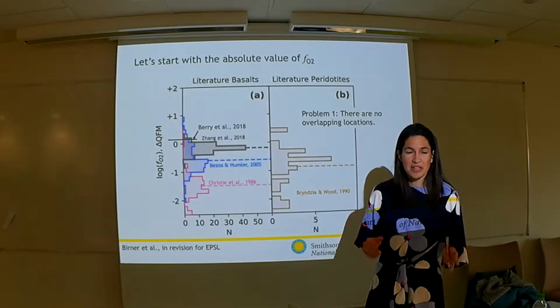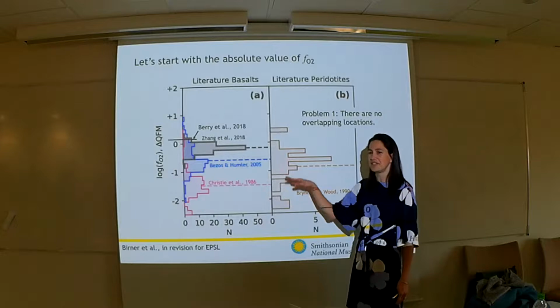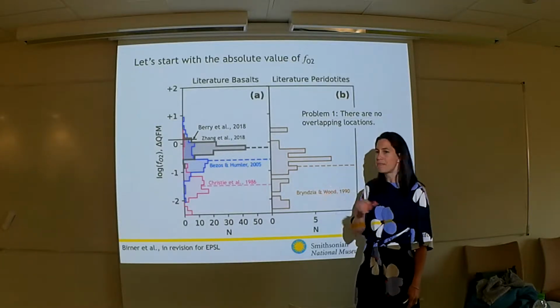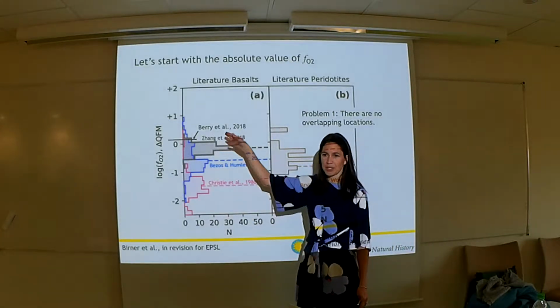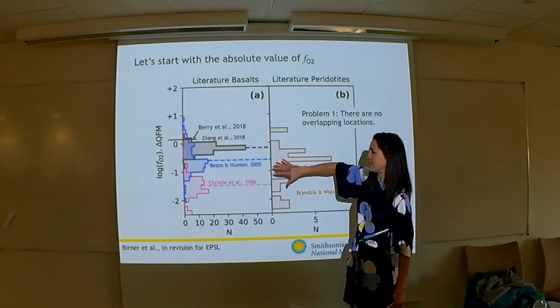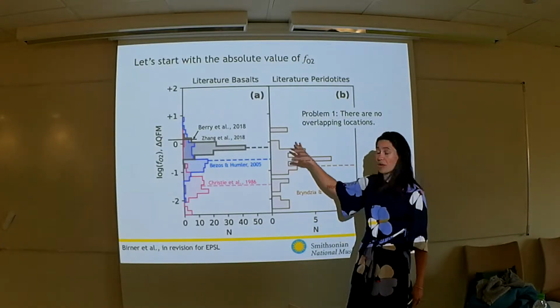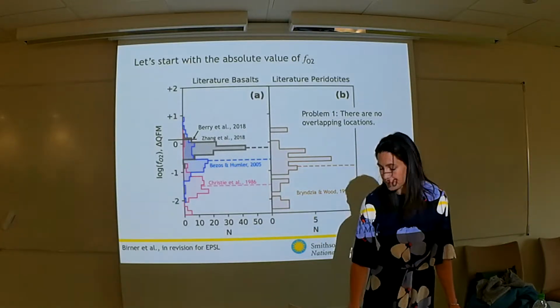Okay, so looking at the peridotite, what are our problems? Well, one of our problems is that none of these 35 sample locations matches any of the 200 basalt sample locations. So one possibility is that this is a sampling bias, just a systematic bias due to a low number of samples in the peridotites.